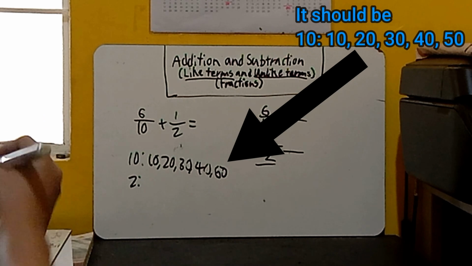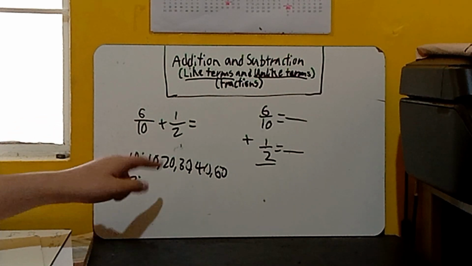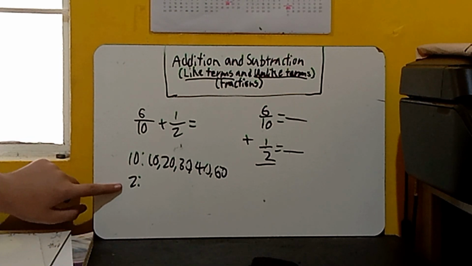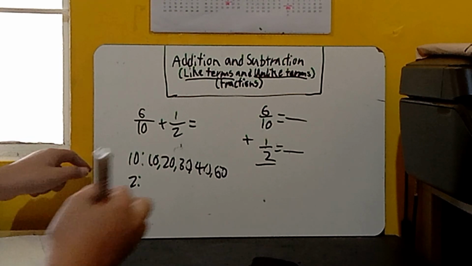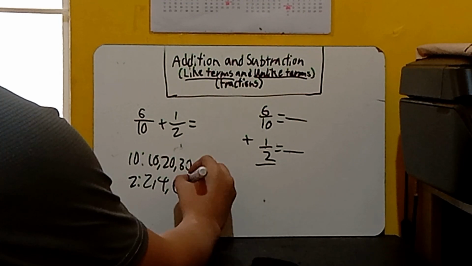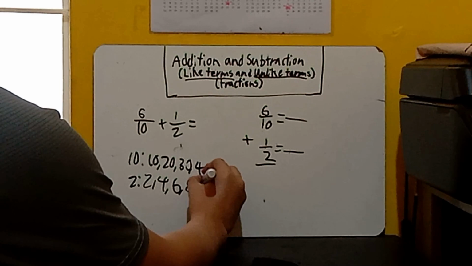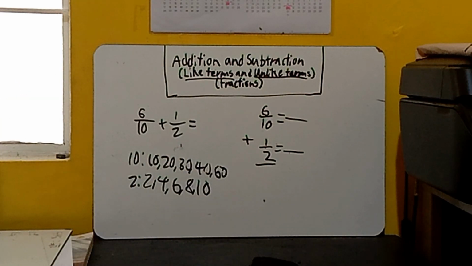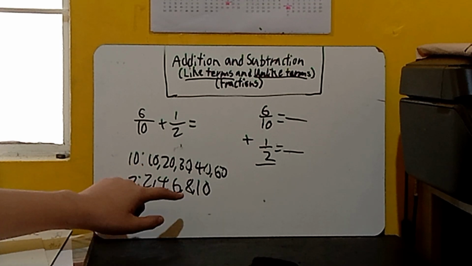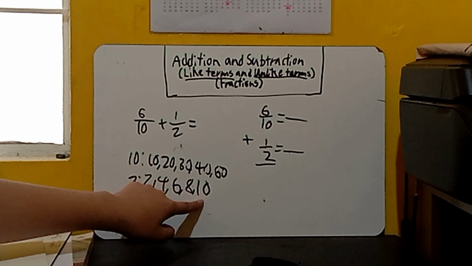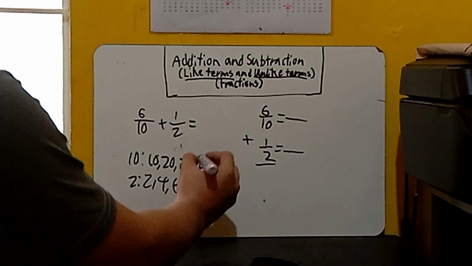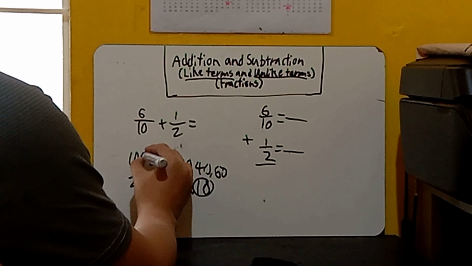And the multiples of 2 go like 2, 4, 6, 8, 10. You see right here, 10 appears in both. That's the least common denominator.